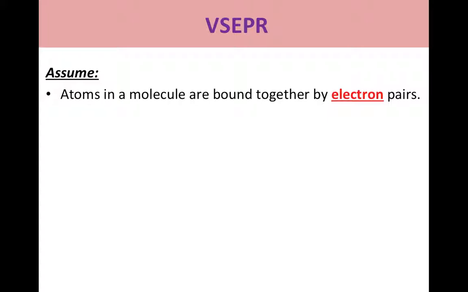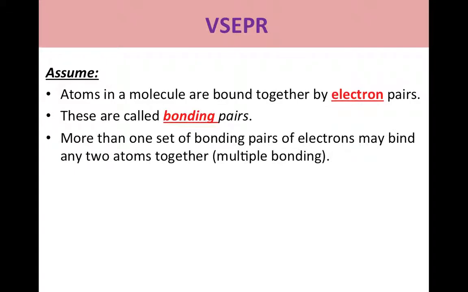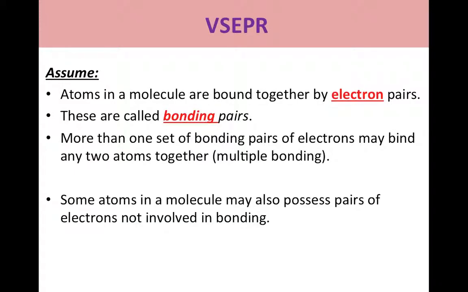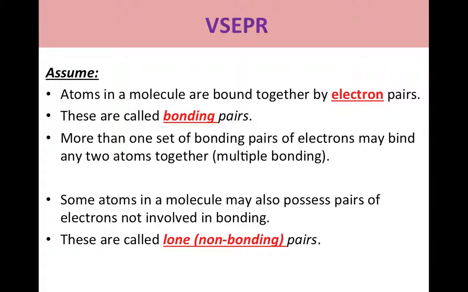So first thing we need to assume is atoms in a molecule are bound together by electron pairs, and these are bonding pairs, and the other one is lone pairs of electrons. So you can have two atoms together with multiple bonding, and sometimes when you draw your Lewis structure, you have a lone pair that surrounds that central atom, and they have a huge effect in the shape of the molecule.